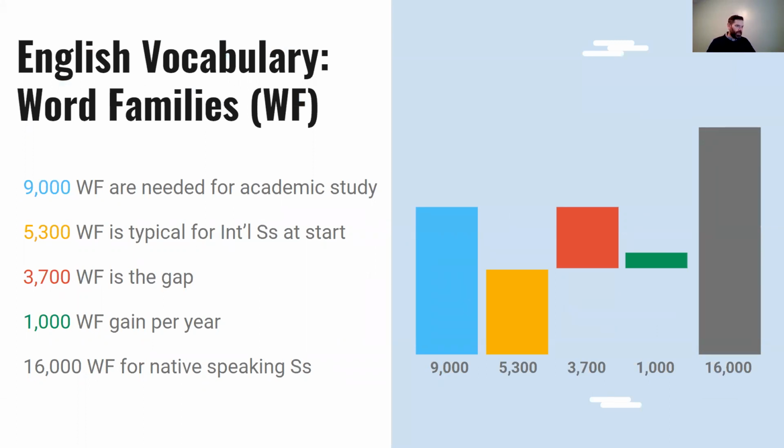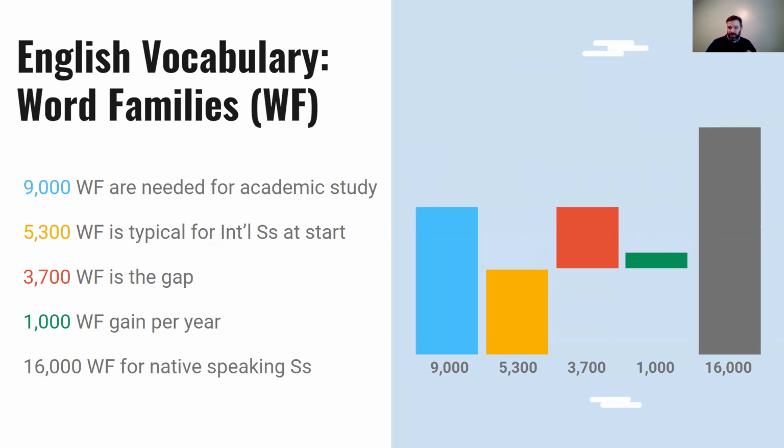Studies by applied linguists have suggested that about 9,000 word families are needed for academic study at university level. Now, the typical international student begins their undergraduate study with over 5,000 English word families.